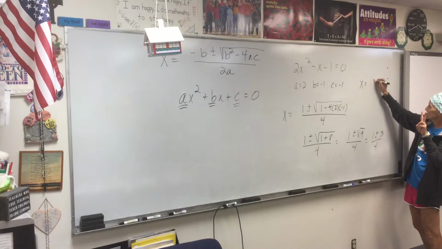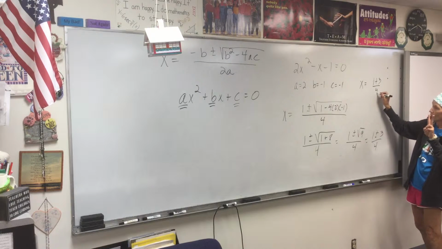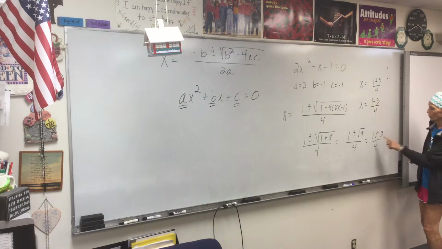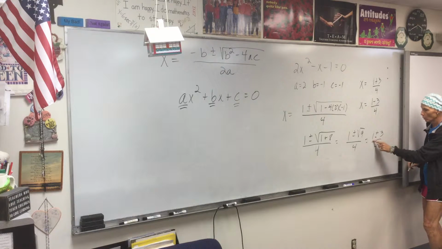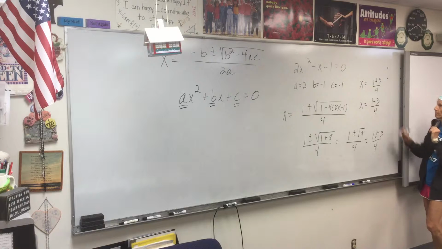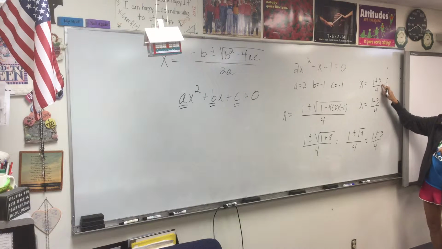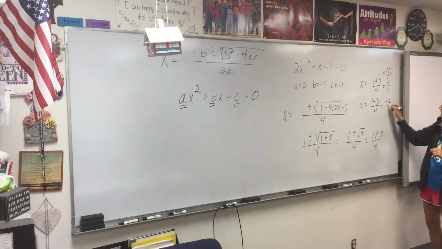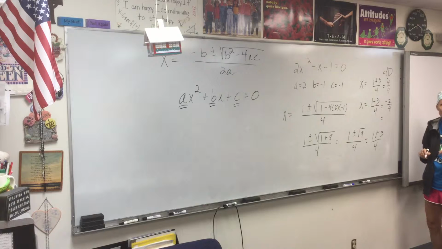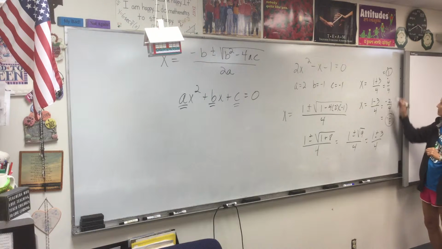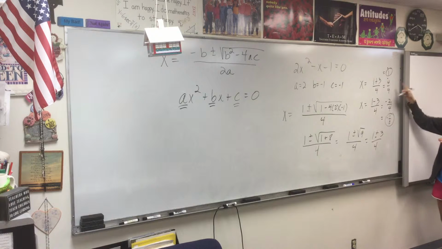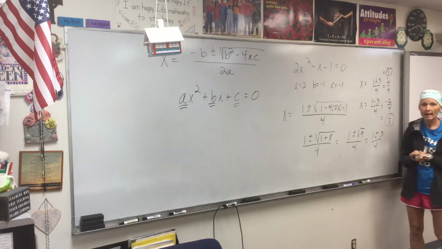So x equals 1 plus 3 over 4, or x equals 1 minus 3 over 4. 1 plus 3, 1 minus 3. 2 answers. So this would be 4 over 4, which is 1. And this would be negative 2 over 4, which is negative 1/2. So the 2 answers to this problem are 1 and negative 1/2.